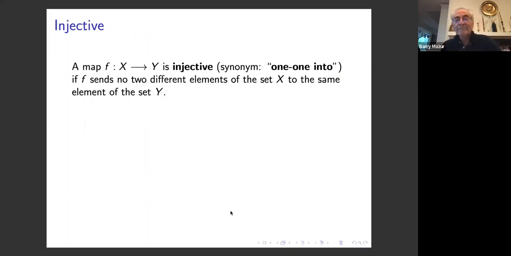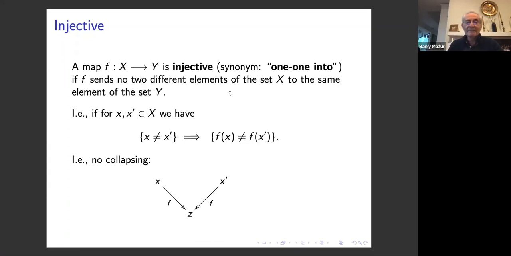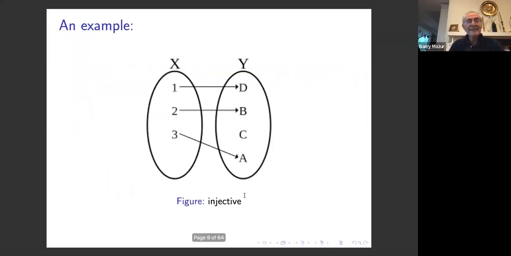An injective map is a map from one set X to another Y that has the property that it says no two different elements in the set X go to the same element of the set Y. So the synonym is one-to-one. Putting it in logical vocabulary, if x and x prime are different in the domain set, their values f(x) are also different, i.e. no collapsing.